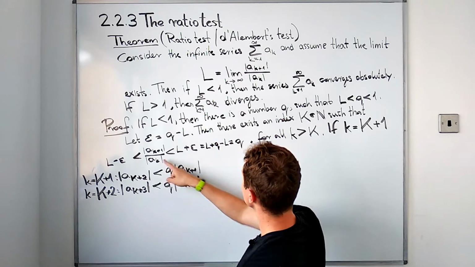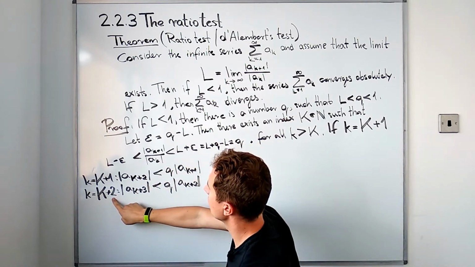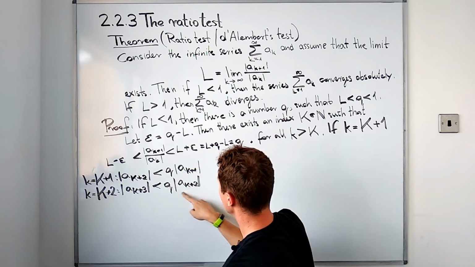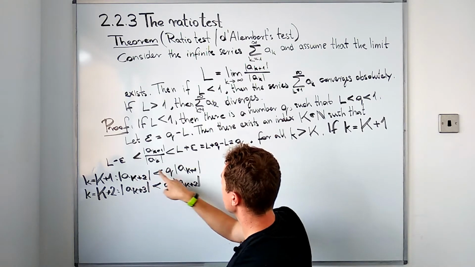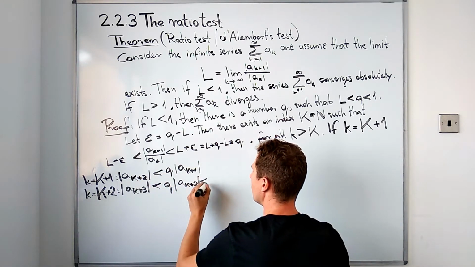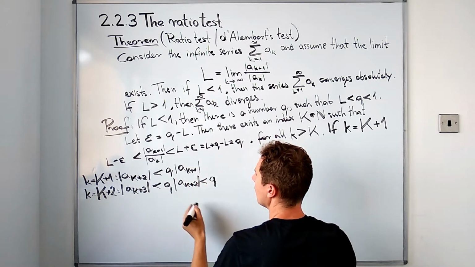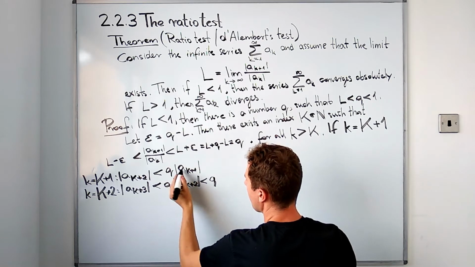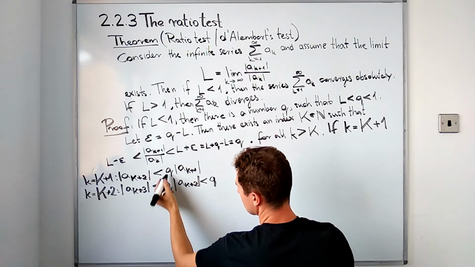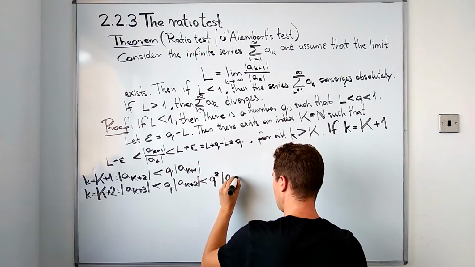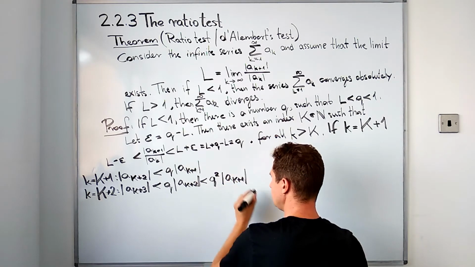Okay, so it's just the same thing applied for capital K plus 2, but now we can apply the previous inequality to gain another Q times the absolute value of A capital K plus 1. So we have Q times Q, that is Q squared, times the absolute value of A capital K plus 1.